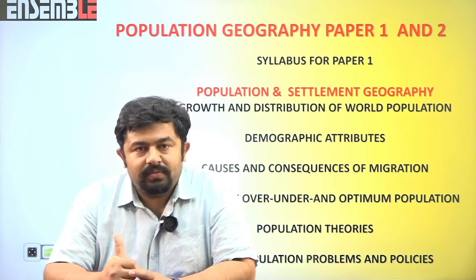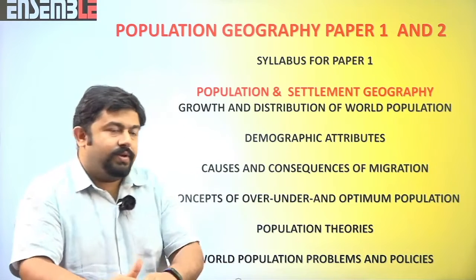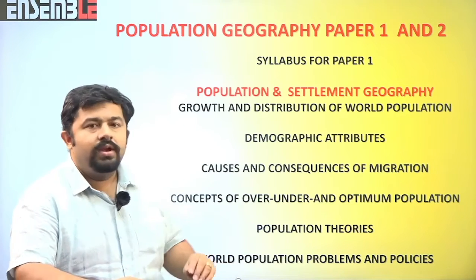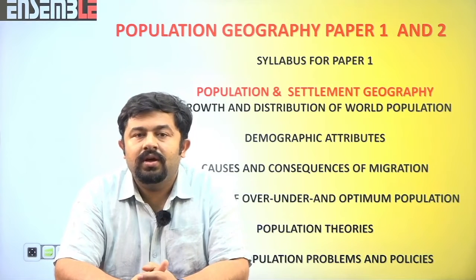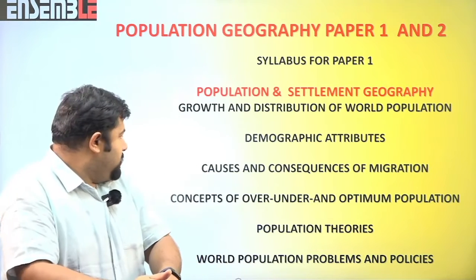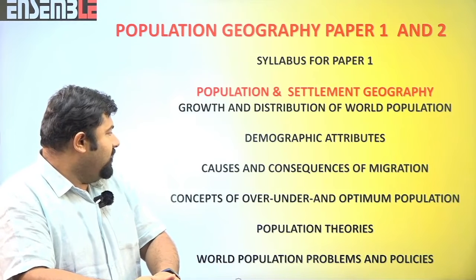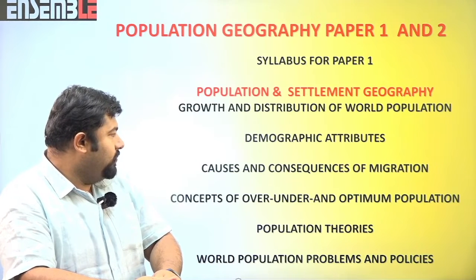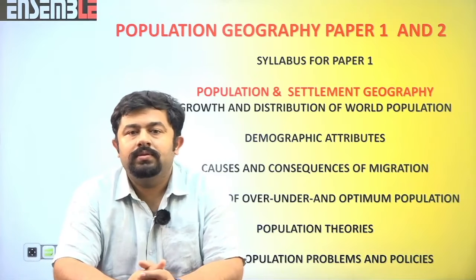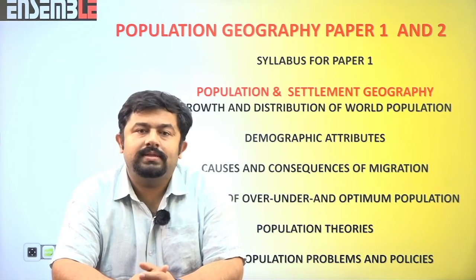So in this chapter, let us see the chapter. Growth and distribution of world population, demographic attributes, causes and consequences of migration, concepts of over, under and optimum population, population theories and world population problems and policies.